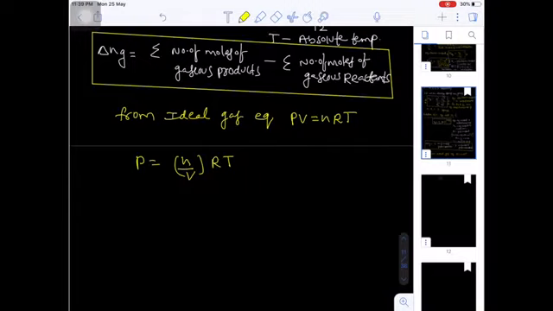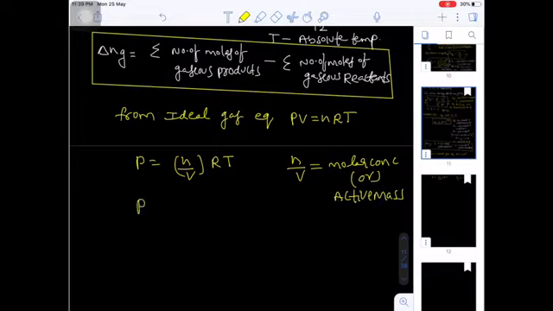So number of moles upon volume is the molar concentration. This is also known as active mass. So P is equal to active mass multiplied by R into T. The species with respect to which we are dealing will be written in the square bracket.